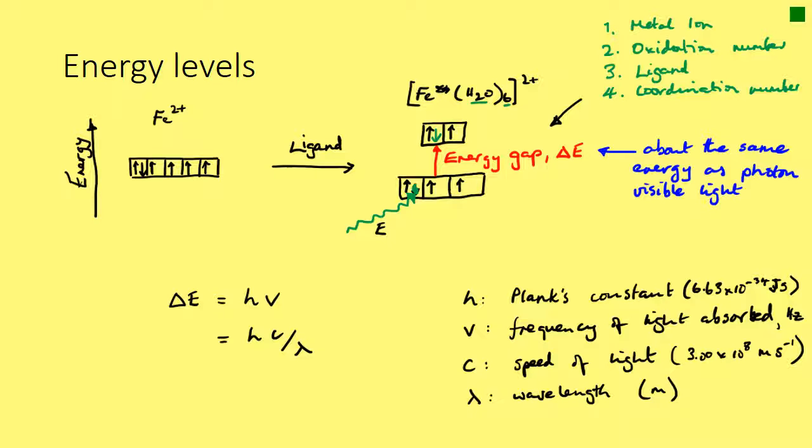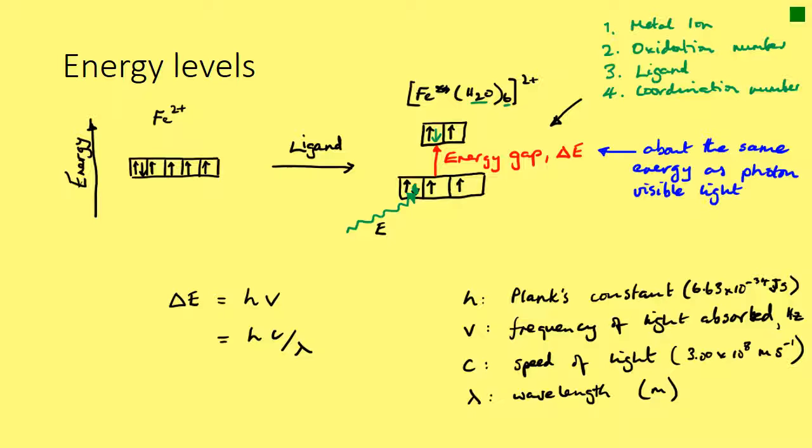And we'll summarize that by saying it's delta E, energy gap. And so that would be for the Fe2+ ions, let's say if it was with a bunch of water ligands. Like that.